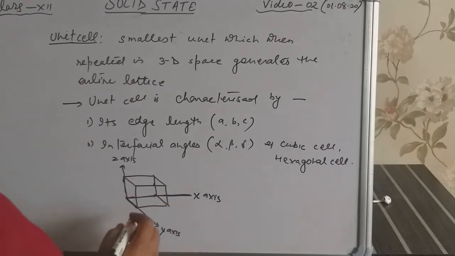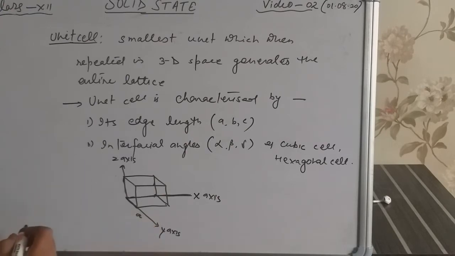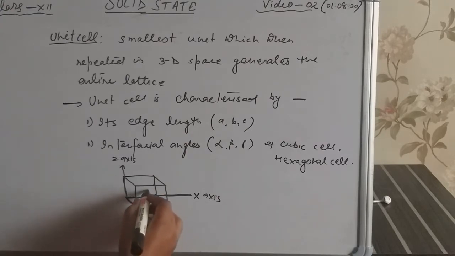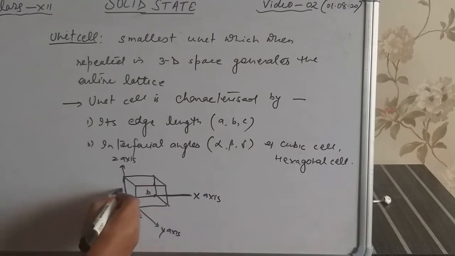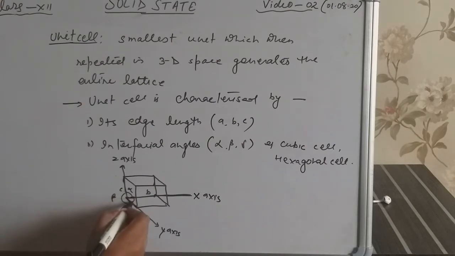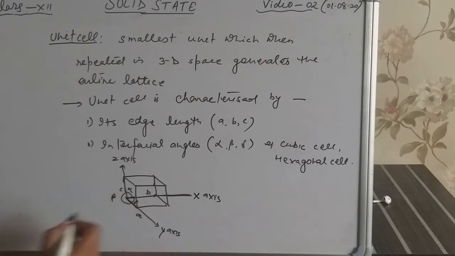So at first this is edge length a, this is edge length b, and this is edge length c, and the interfacial angles, suppose this is alpha, this is beta, and this is gamma.